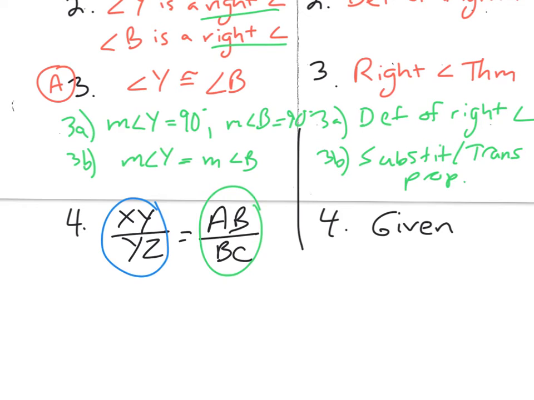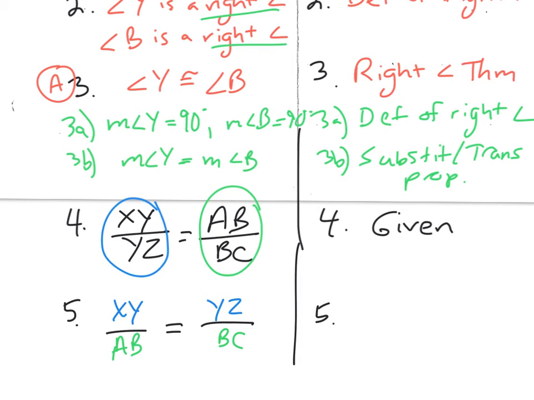So I'm going to go ahead and keep my XY, but then I'm going to put AB in the bottom. And I know my picture's not showing right now, but take a look at your picture, and hopefully you'll agree with me that I've now matched up a pair of corresponding sides between the two triangles. YZ and BC are my other pair of corresponding sides.